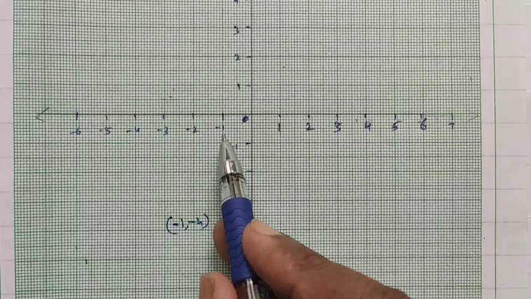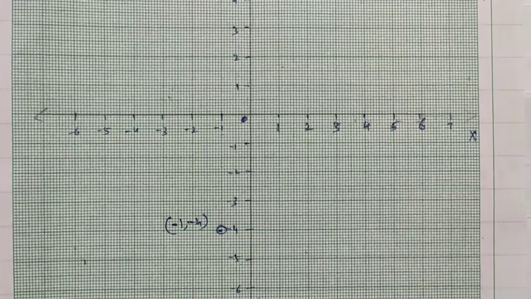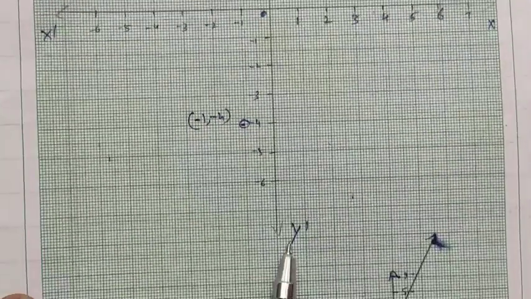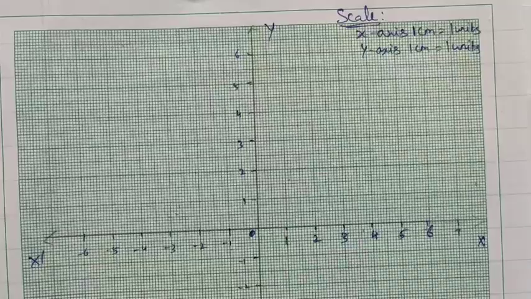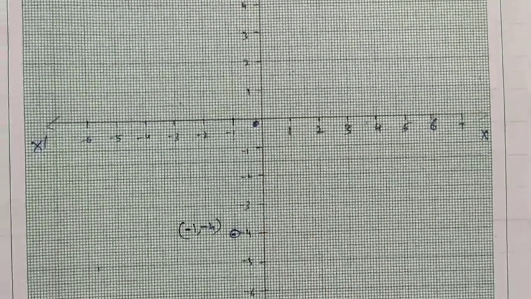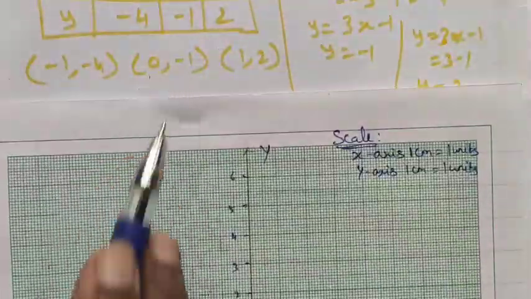Right? Minus 1 on the x-axis and -4 on the y-axis. Here it is x dash, here we have y dash, and here y. So the vertical line is the y-axis, the horizontal line is the x-axis. So (-1, -4), and then the second point is (0, -1).